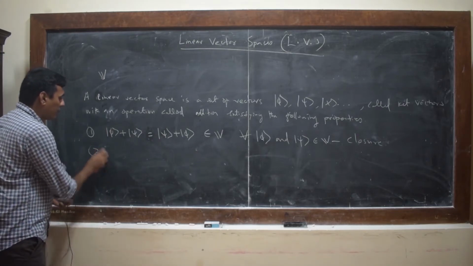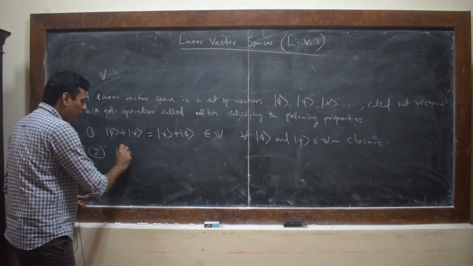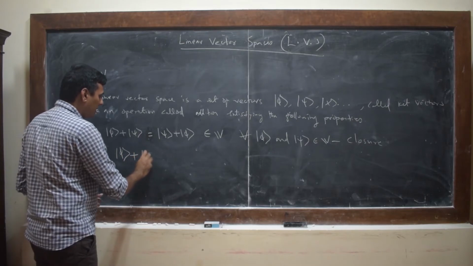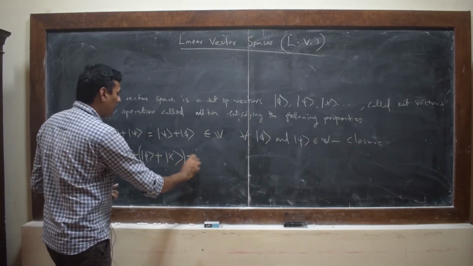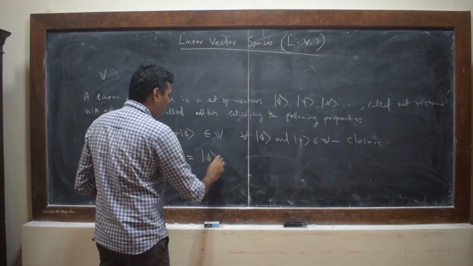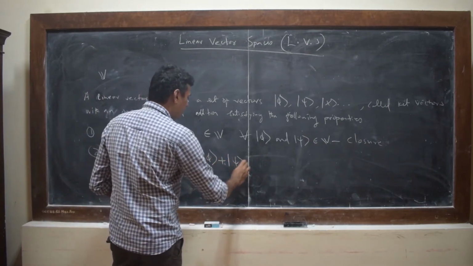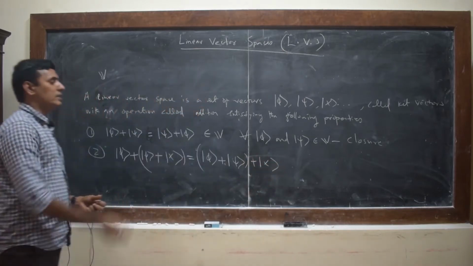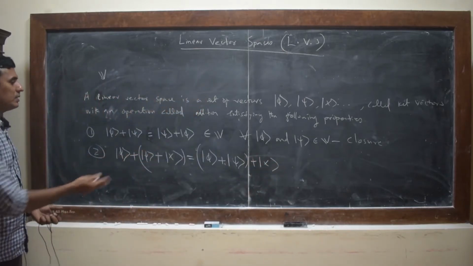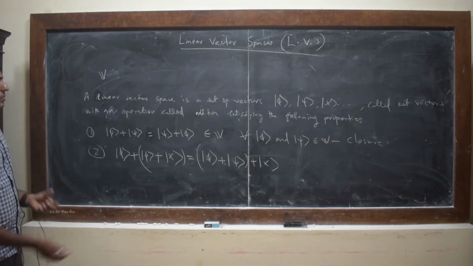And the second property is associativity. Phi plus psi, plus chi, must be equal to phi plus psi plus chi. This is the associative property, and you are very familiar with this.